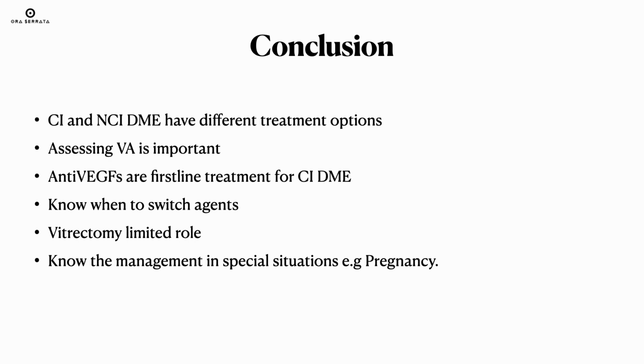We should know when they are resistant to the anti-VEGFs, when to switch these agents, and to which agent we should switch. Surgically, vitrectomy also has a limited role, and we should also know how to manage diabetic macular edema in certain special situations, for example pregnancy.